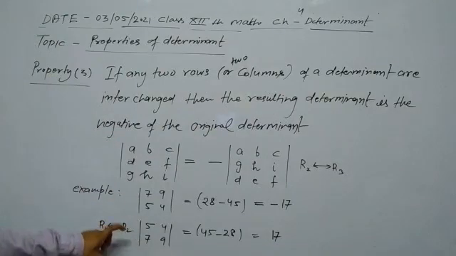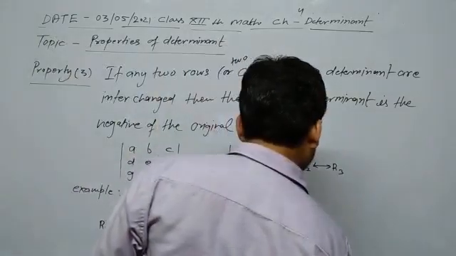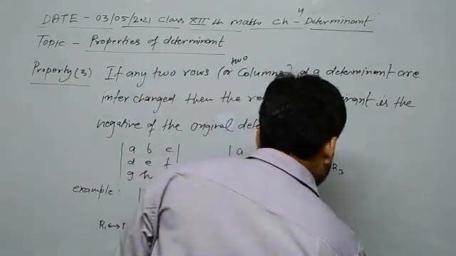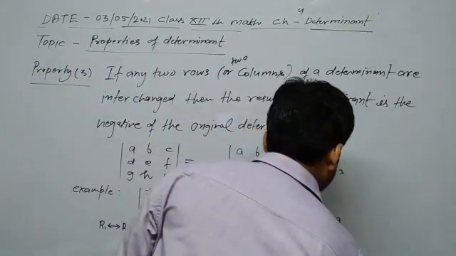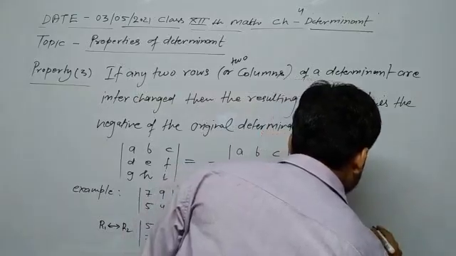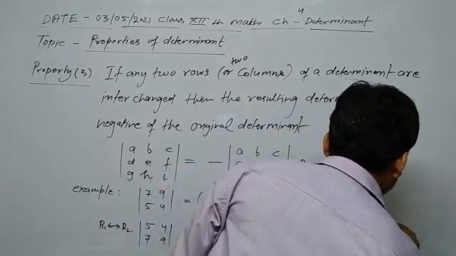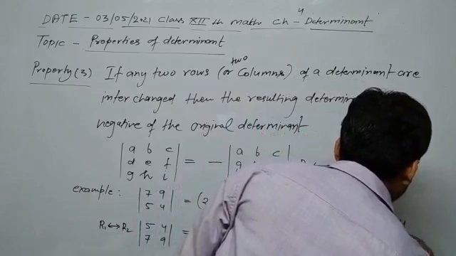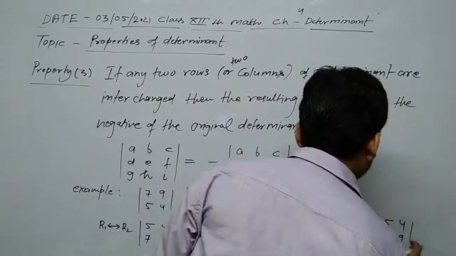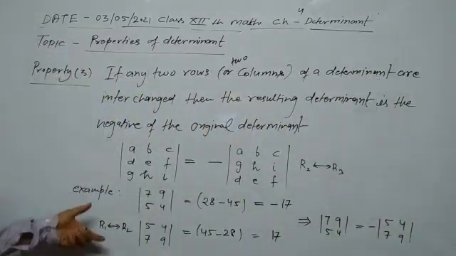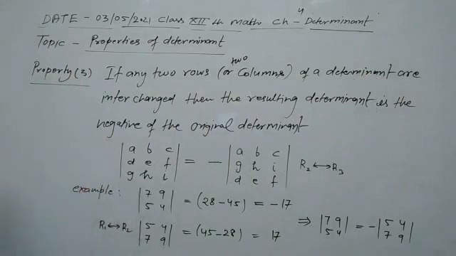So from these two terms, this is clear that the determinant 7 9 / 5 4 is equal to minus the determinant 5 4 / 7 9. So this is the basic example. Through the example you can understand these properties.